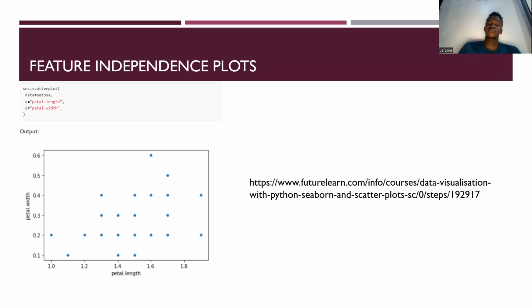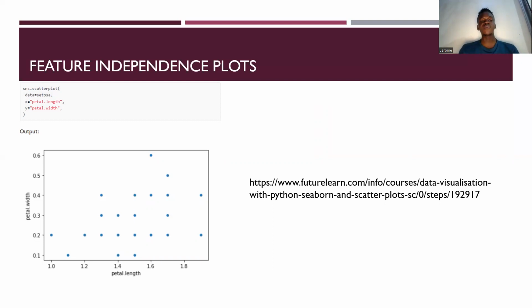We also have feature independence plots. Feature independence plots can be made using scatter plots, in that we can show what features have very little correlation or no correlation at all, how one feature doesn't affect the other, or how they're totally independent. Of course, here we still use Seaborn. Seaborn can help us make a scatter plot, passing in the parameters x as petal length, y as petal width.